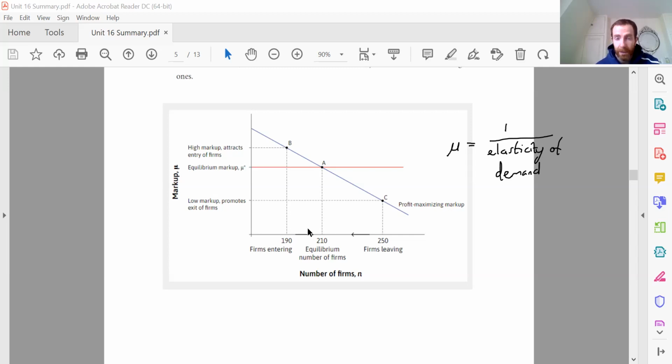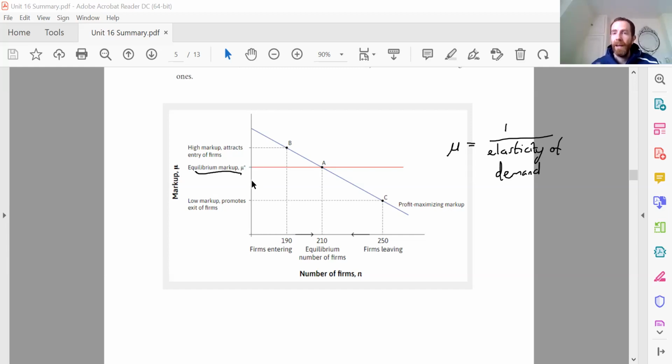Now, the second key line here is this red one, and this red one is what's referred to as the equilibrium markup, mu star. And this tells us the particular markup where the number of firms entering and exiting the market is equal, which therefore means that the number of firms in the market is staying constant. Right?